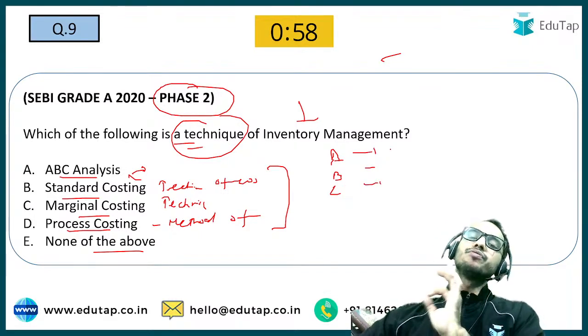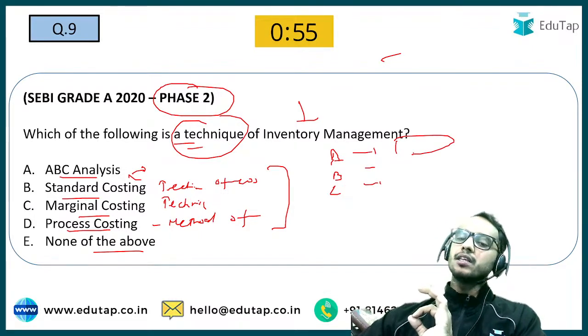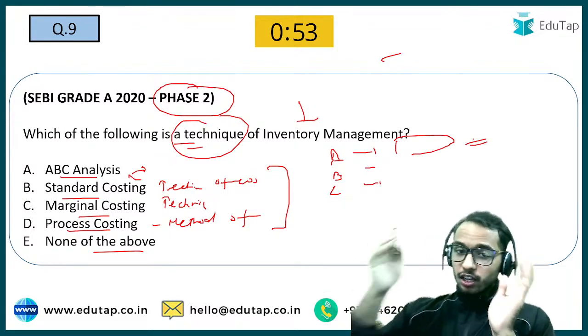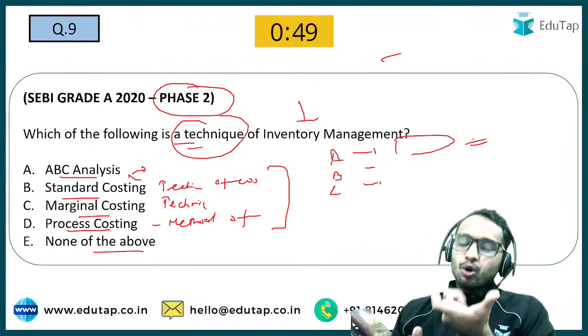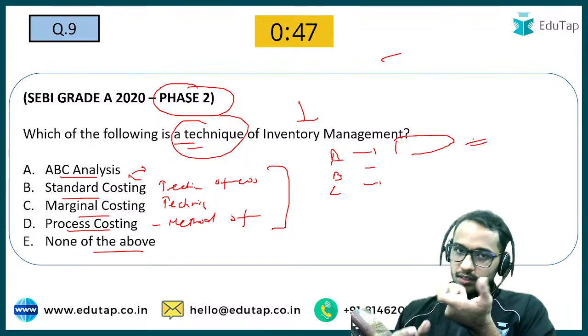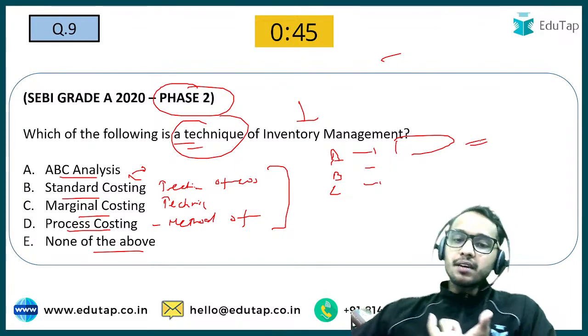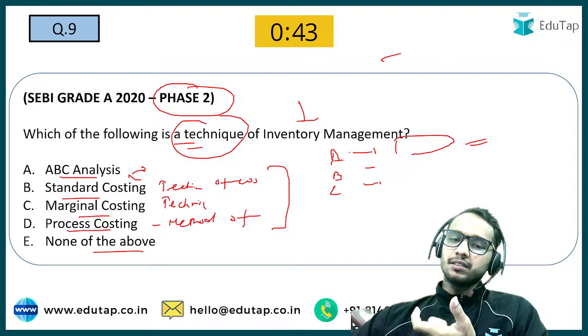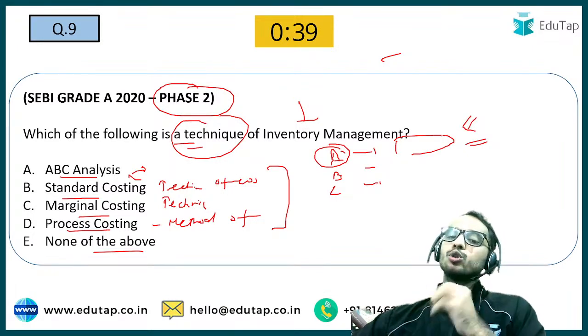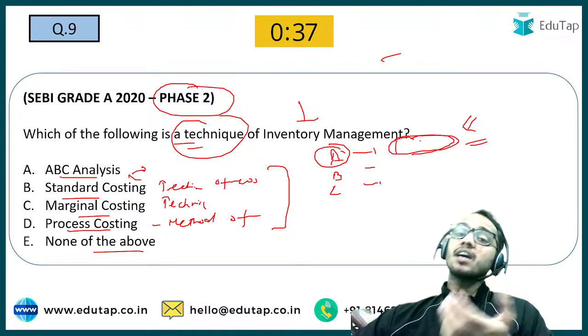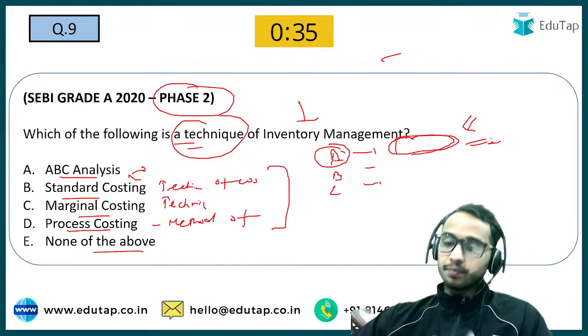Now, the most valuable inventory would be put in category A, though the quantity will be less. But when you talk about the money volume, they are the highest. So you put those inventories or parts in category A because they are highest in value, in terms of money.